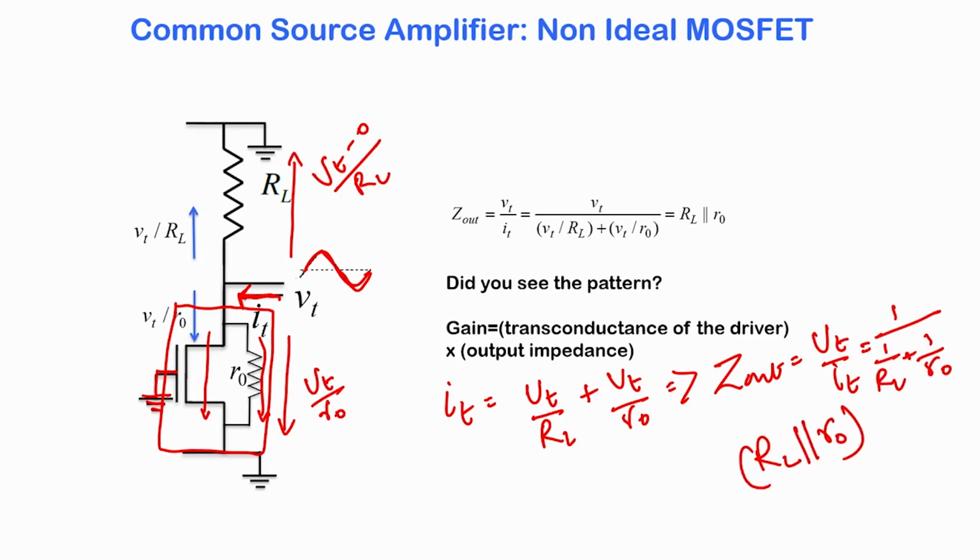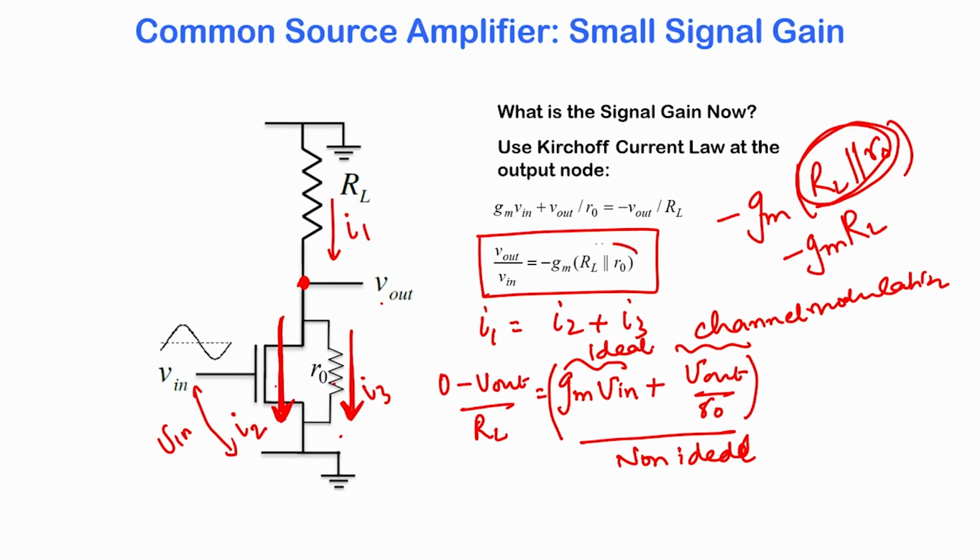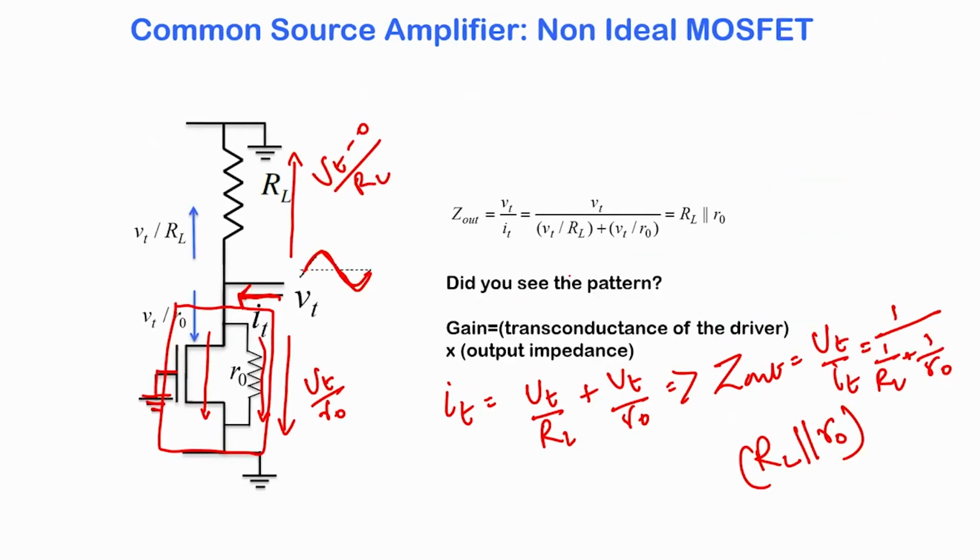So, that is the output impedance. Again you can see the pattern here: the output impedance into the effective transconductance is the gain. Okay, but that is how you calculate the output impedance. So, you are now familiar with using small signal analysis to calculate different circuit aspects.